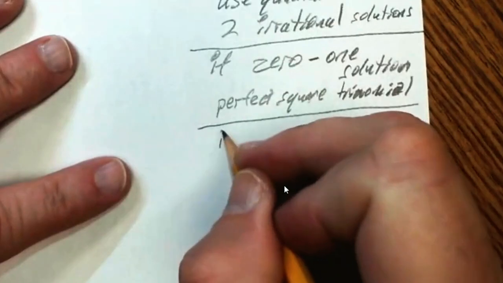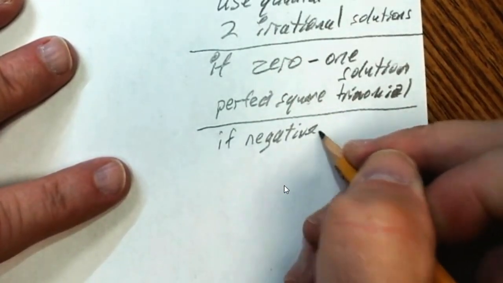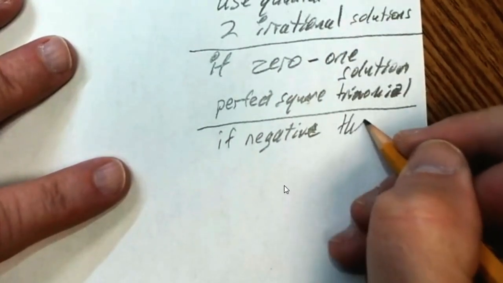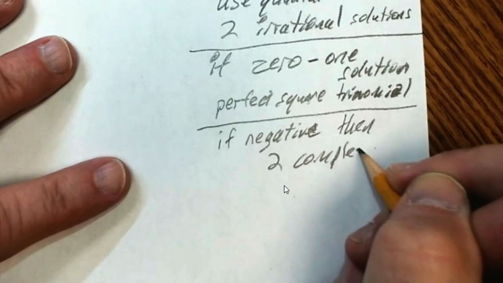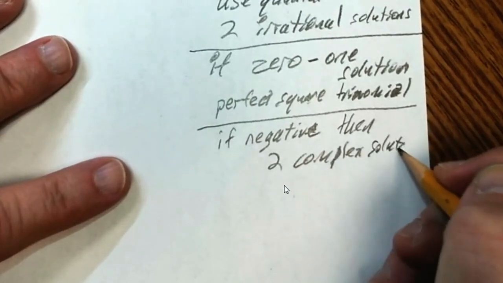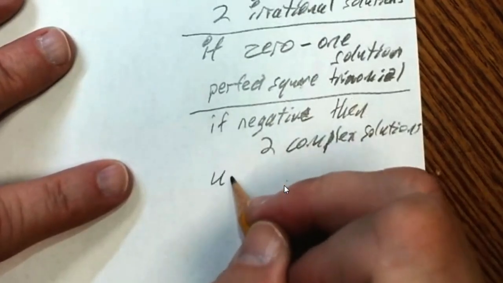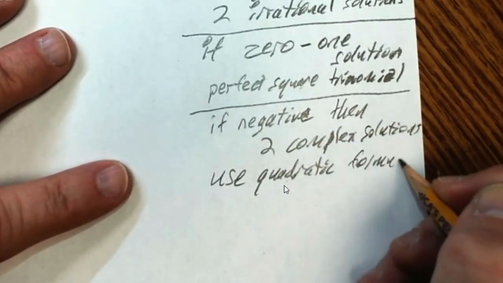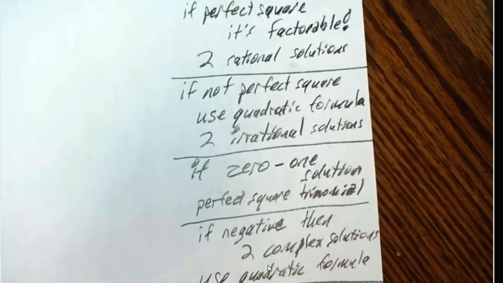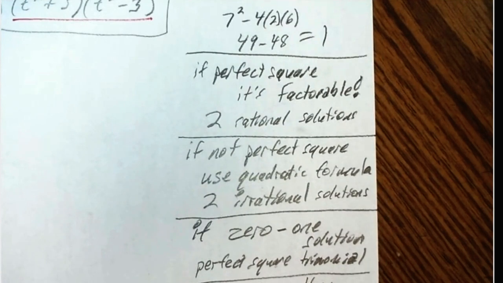And if negative, then two complex solutions, which means imaginary, which means use the quadratic formula. So that's what the discriminant's good for. All those situations, we can check to see what it is.